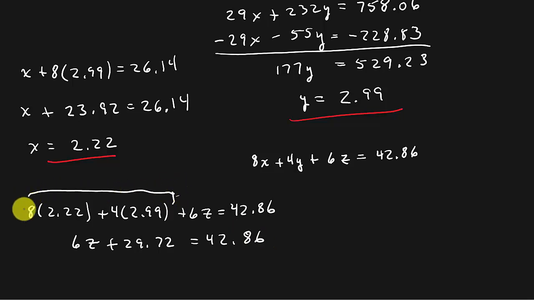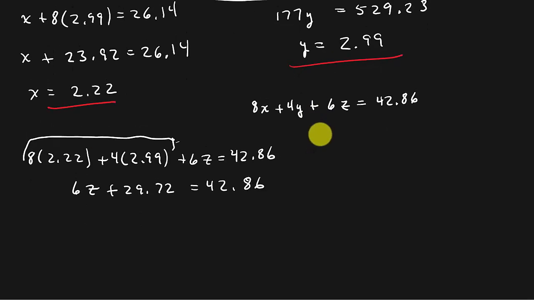All I did, I just plugged all of that in my calculator and got 29.72. Okay, so that's going to give me 6z is equal to, so I subtract, that's 42.86 minus 29.72. That is 13.14. Divide both sides by 6. I get z is equal to 2.19. Okay. So there it is. That's z.